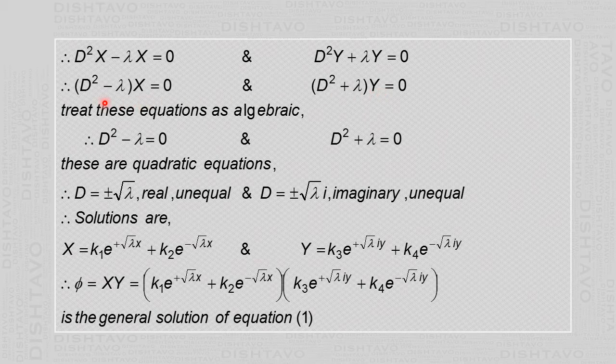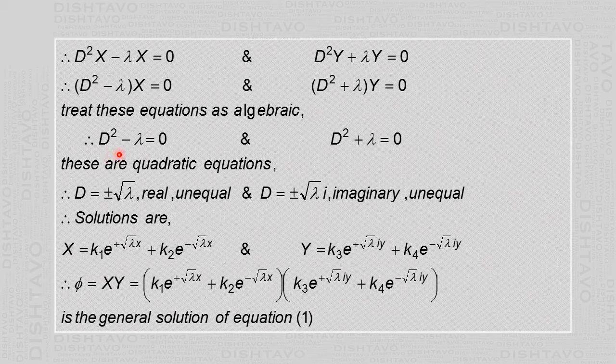Then when the product of two terms is equal to 0, then both the terms are equal to 0 or one of the terms is equal to 0. In the first equation, X cannot be equal to 0, so D² − λ = 0. In the second equation, Y cannot be equal to 0, so D² + λ = 0. Since it is an algebraic equation, the resulting equation is a quadratic equation in D, capital D, and here you can find what D is.